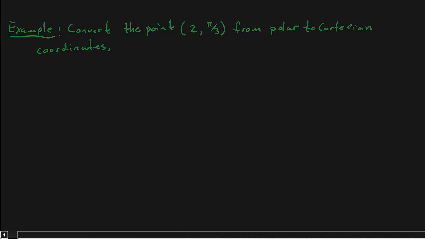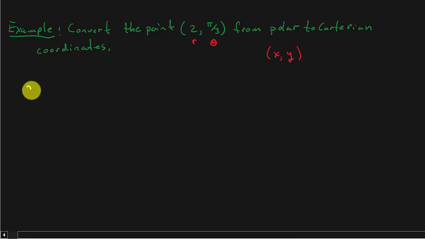What they want us to do here is convert the point 2, pi over 3 from polar to Cartesian coordinates. Remember, this is r, this is theta, and we want to convert it to x, y coordinates. So we need to know what x is and what y is.